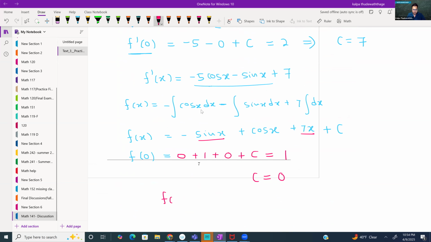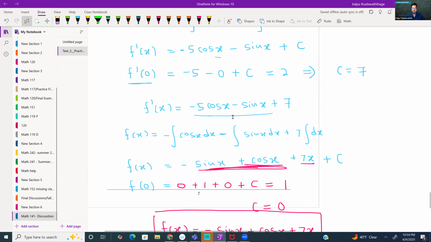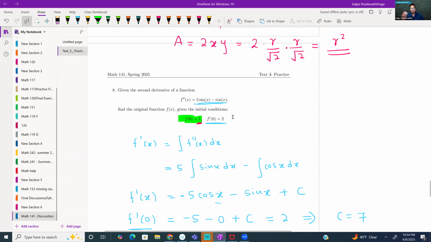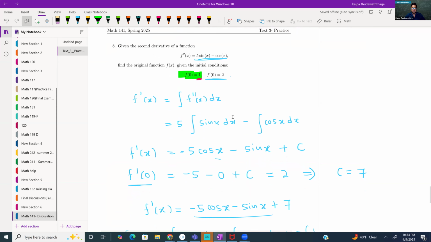So the original function is negative sine x, cosine x, plus 7x because of the c being 0. That's the original function. So when the second derivative is given, that's how you get the first derivative, and that's how you get the original function. Of course, you have to go through the first derivative.